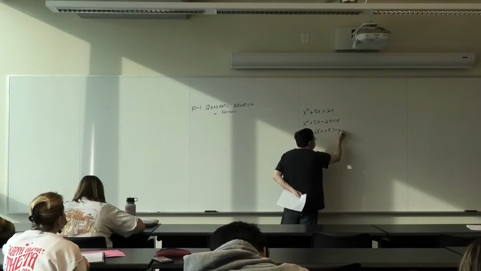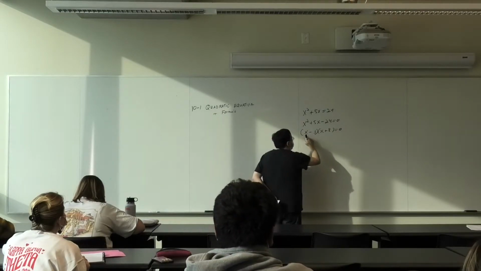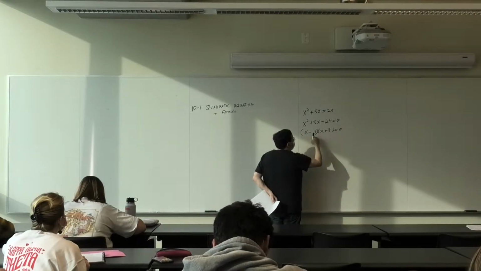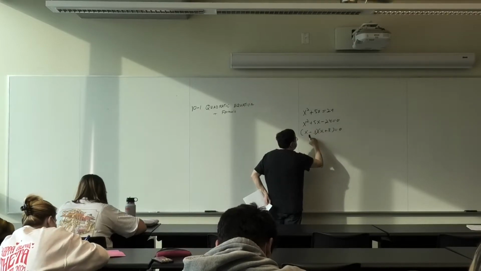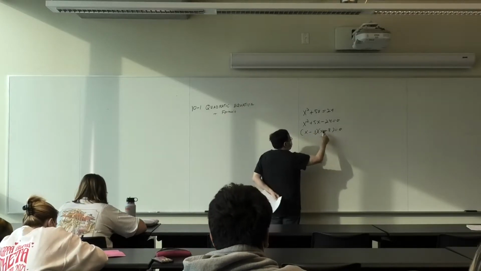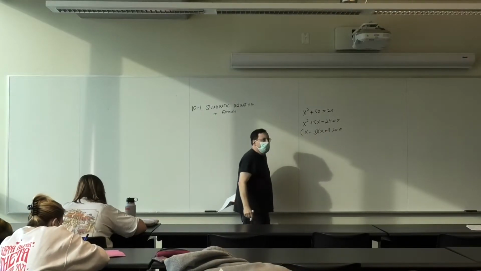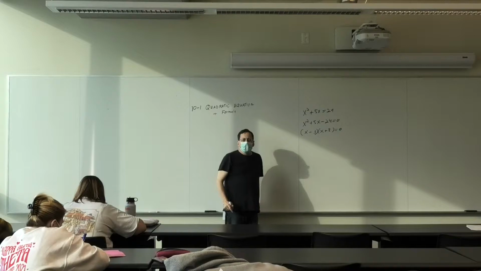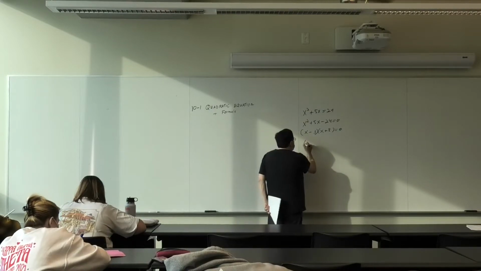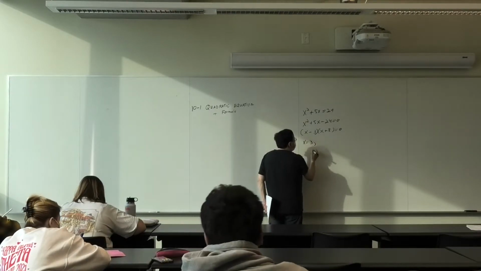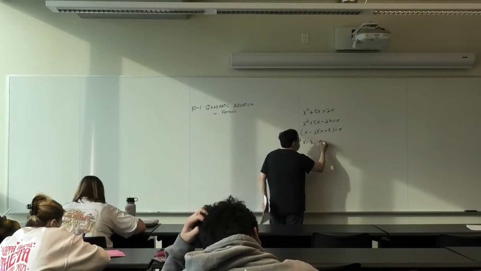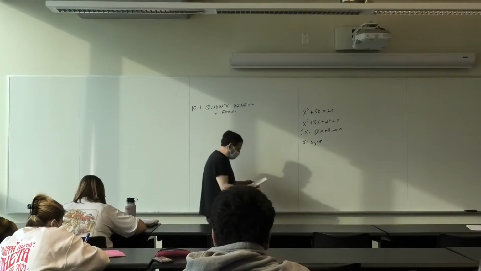Kind of doing backwards FOIL here. So I get x squared minus 24 minus 3x and plus 8x. 8 minus 3 is 5. So this tells me right away that x equals 3 or x equals minus 8. So we're able to solve this.